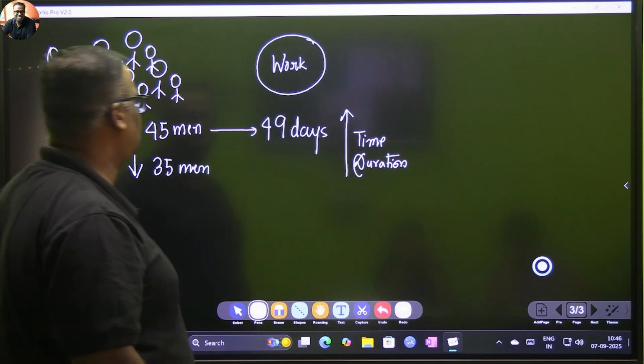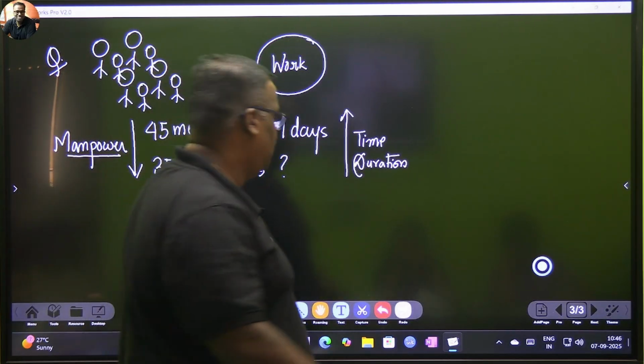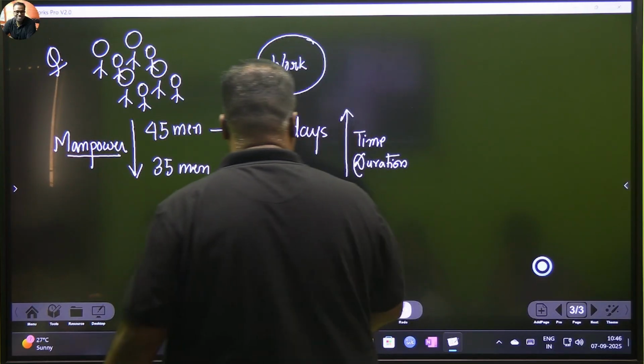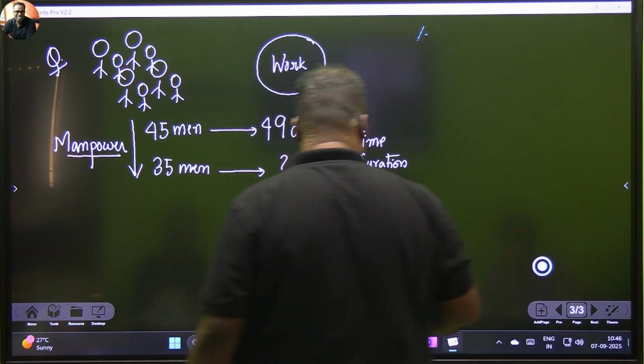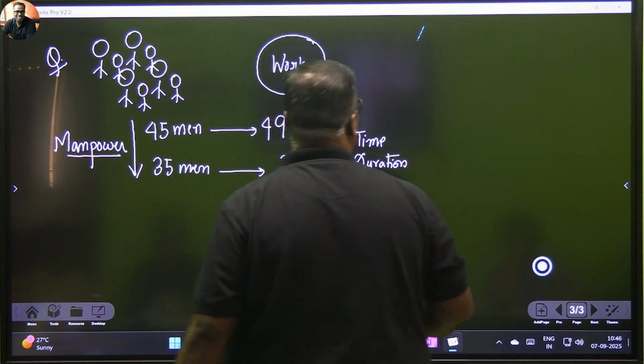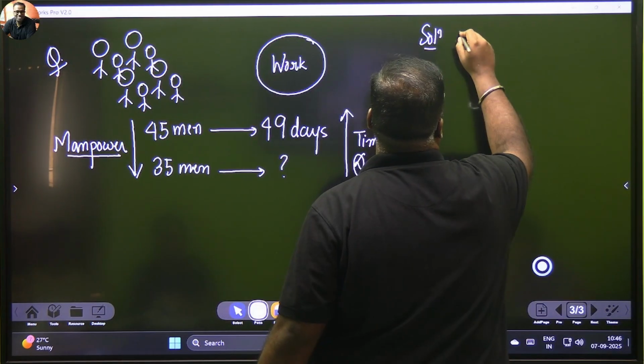They asked you, 35 men to clean these toilets will take how much time? So we go by our practice. How do we solve this problem? First we will write solution, and we will write manpower.